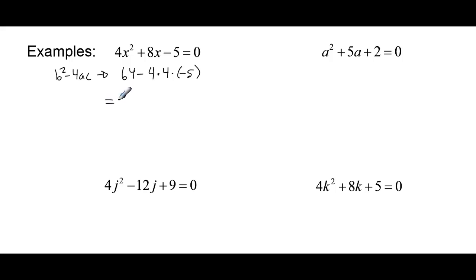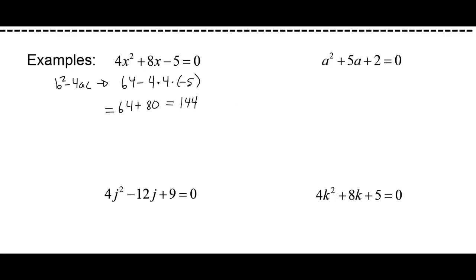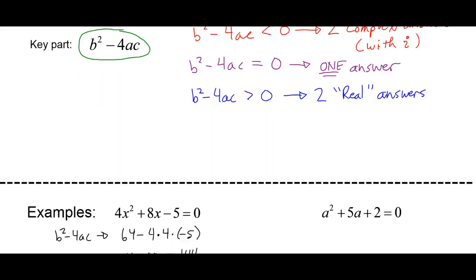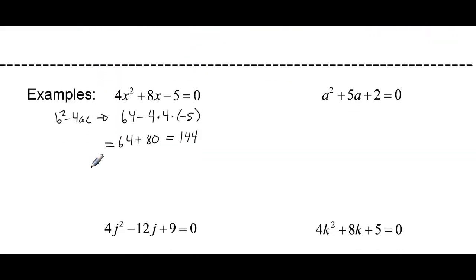So you end up doing 64 plus 80 equals 144. Now that's bigger than 0. What does that mean? Let's scroll back up, see what the rules were. Bigger than 0. There are 2 real answers. So what you'll be typing into the computer is they'll have 3 little bubbles to pick from, and one of the bubbles will be 2 real answers. So just click the appropriate bubble out of the 3 choices you have available.